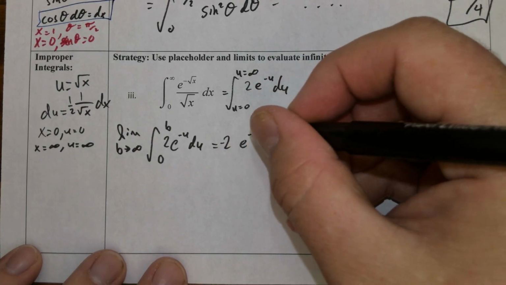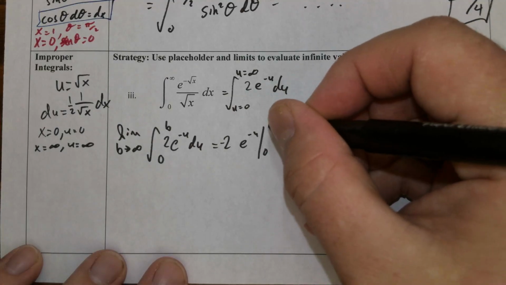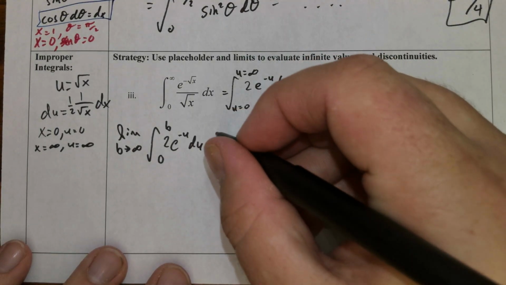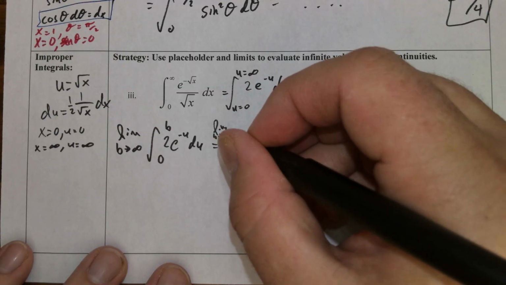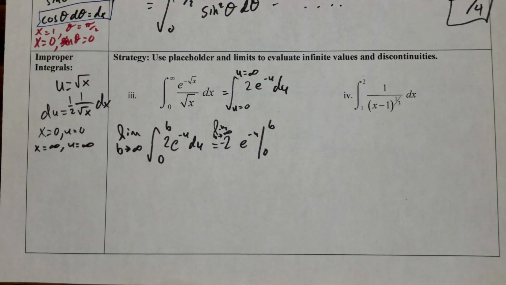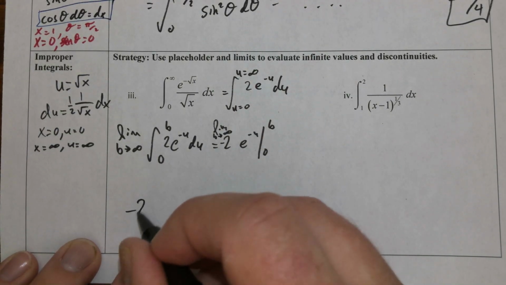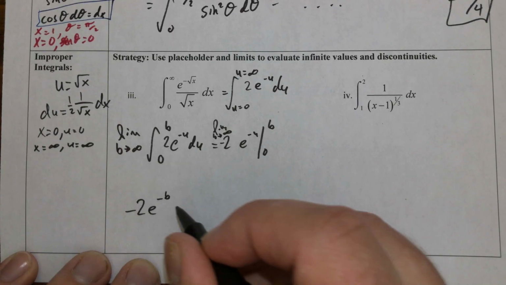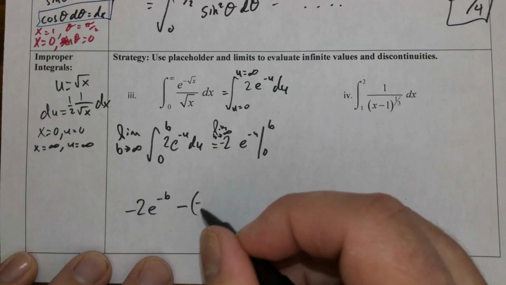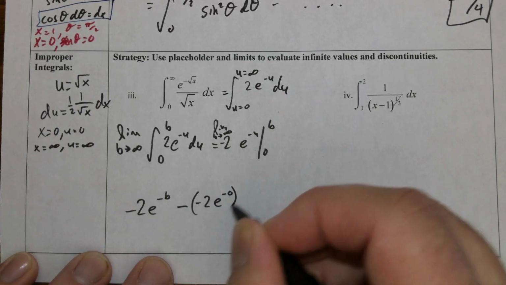It would be a negative 2 e to the negative u. Don't mind my terrible writing here. And I still need a limit over here. b approaches infinity. That's shameful that I made that yucky, but we're going to power through anyways because I gave you some great trig sub stuff at the top. Now when I evaluate this, this will become negative 2 e to the negative b minus negative 2 e to the negative 0.